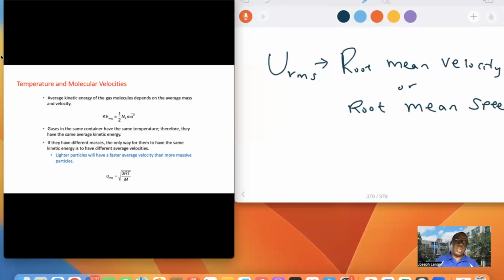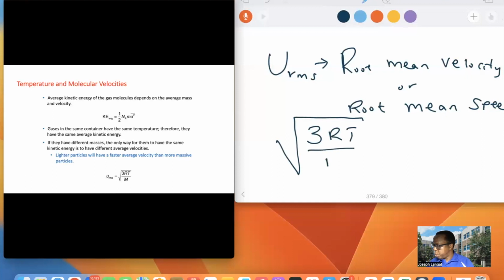And for that to happen, you need to understand what the equation stands for and what it means. This is the root mean square: the square root of 3RT over M. Let me explain what this stands for.